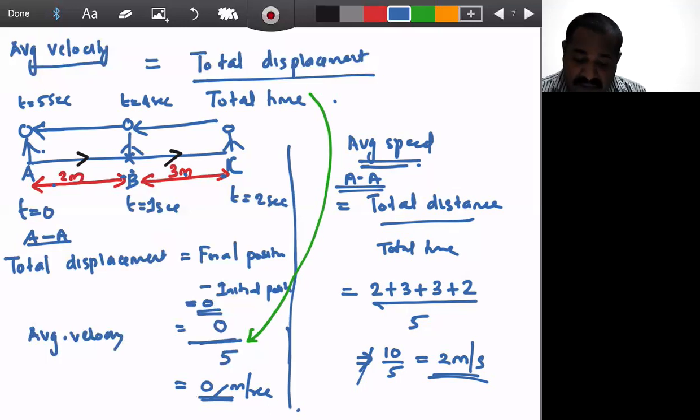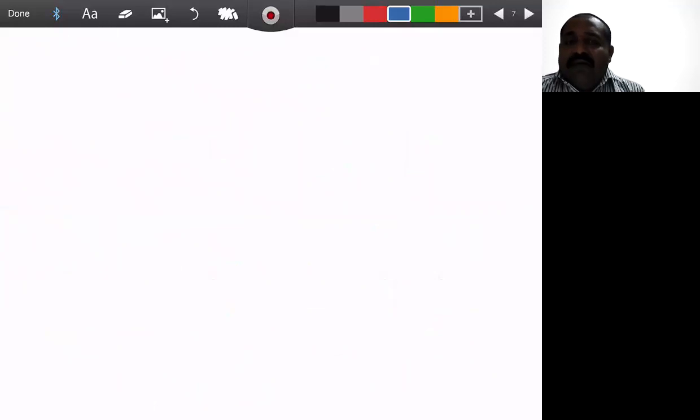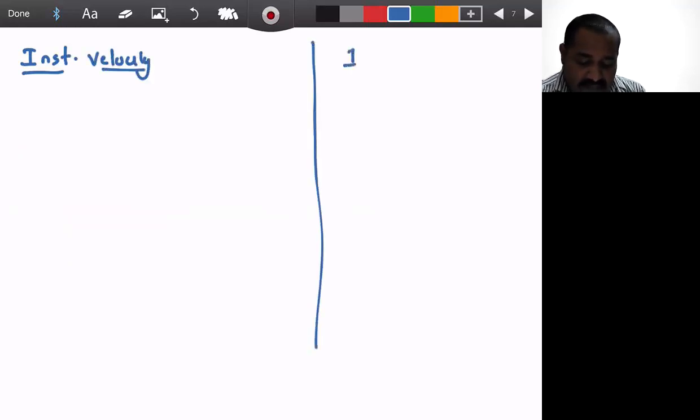Now, finally, the last concept I would like to describe here about this motion is instantaneous velocity and instantaneous acceleration.